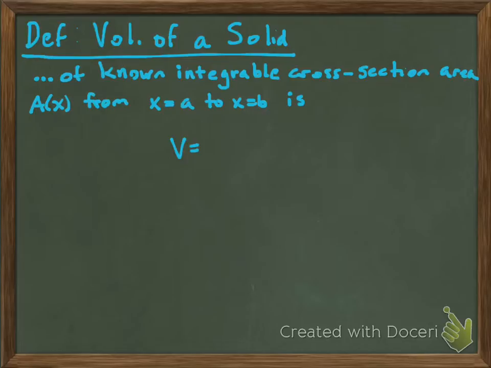V equals the integral from a to b of A of x dx. That is basically the formula that's going to drive both parts of 8.3.